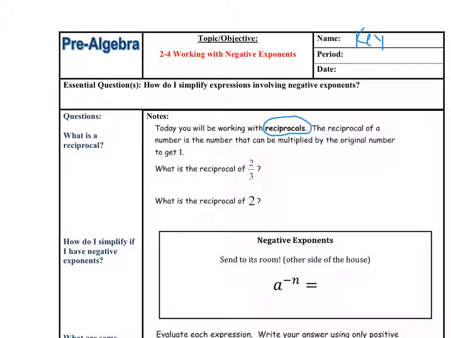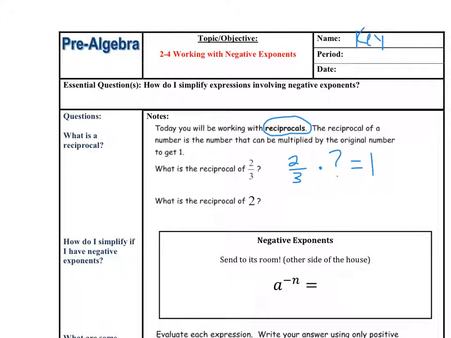The reciprocal of a number is the number that can be multiplied by the original number to get 1. That's our mathematical definition. I think of it a little bit differently. It asks, what is the reciprocal of 2/3? I'm trying to figure out if I do 2/3 times something, I get 1.